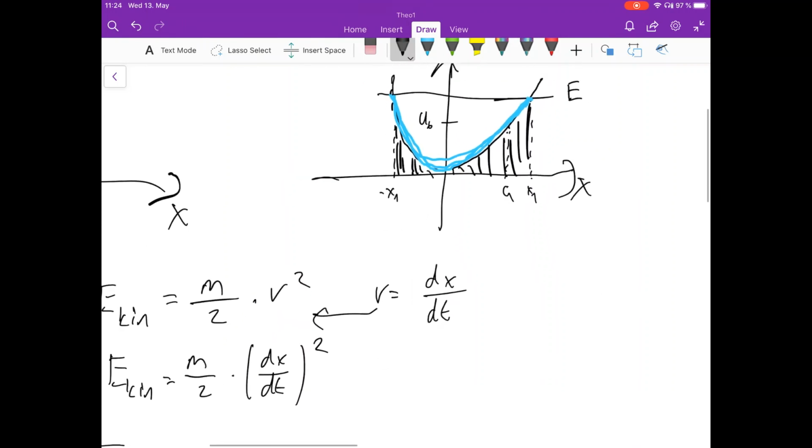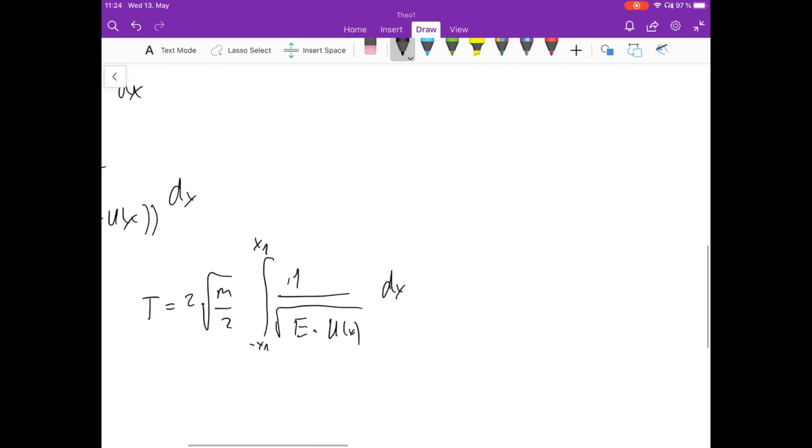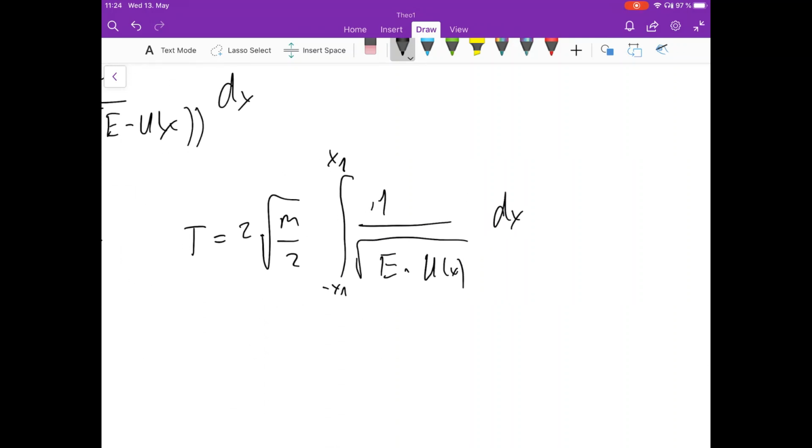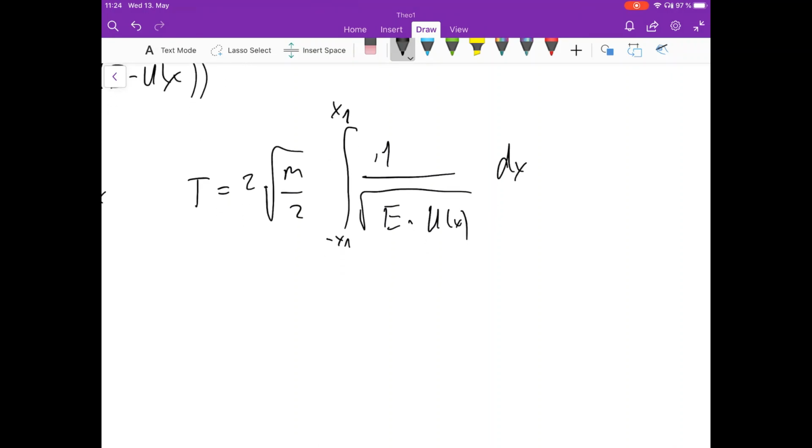This part is going to be equal to this part. I know my drawing is bad, but you got it. It's symmetric to the y-axis, so from minus x1 to 0 and 0 to x1 is going to be equal. So we can write it down as 2 times this integral.